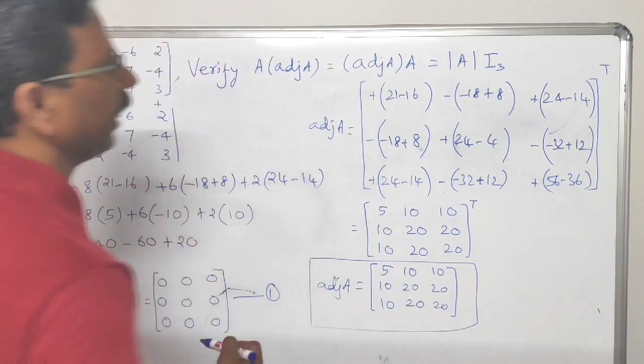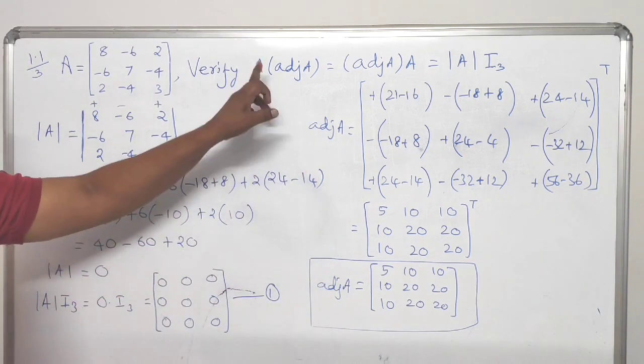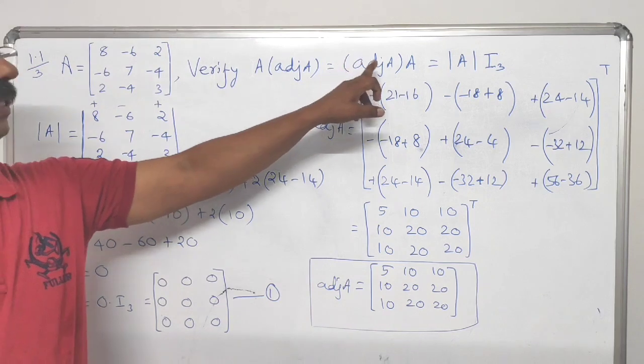Now, after finding the adjoint of this matrix, we need to find A into adjoint A, then adjoint A into A. Already we have found this one.